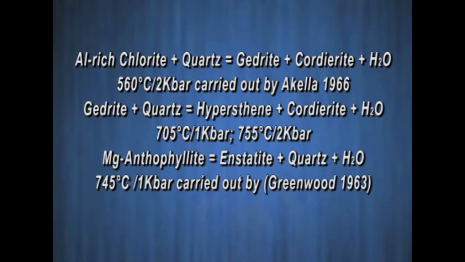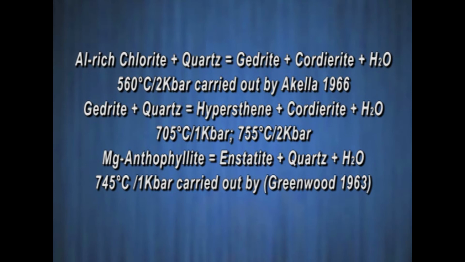The reaction Al-rich chlorite plus quartz give rise to gedrite plus cordierite plus water was carried out by Akella in 1966 at 560 degrees centigrade 2 kilobar. Another reaction is gedrite plus quartz give rise to hypersthene plus cordierite plus water at 700 degrees centigrade 1 kilobar, 750 degrees centigrade 2 kilobar.